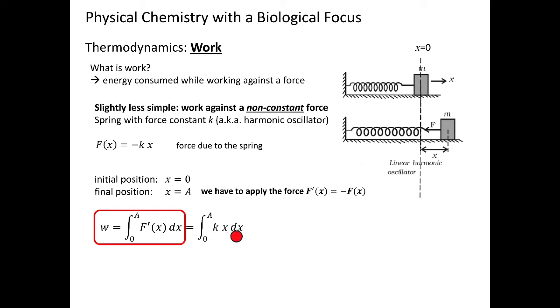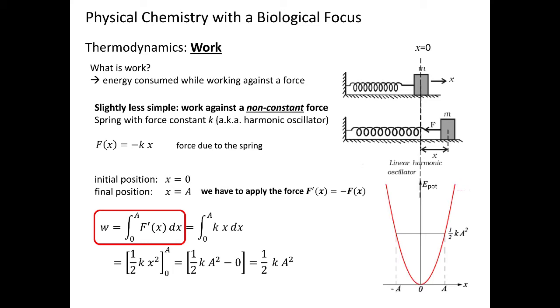The force is not constant because it's itself proportional to x. So this is changing while the particle is moving, while we're pulling on it. But it's a simple integral. Kx integrated is 1/2 kx squared. And we have to integrate that in the limits from x equals 0 to x equals A. So we have to look at that difference, and that is simply 1/2 ka squared.